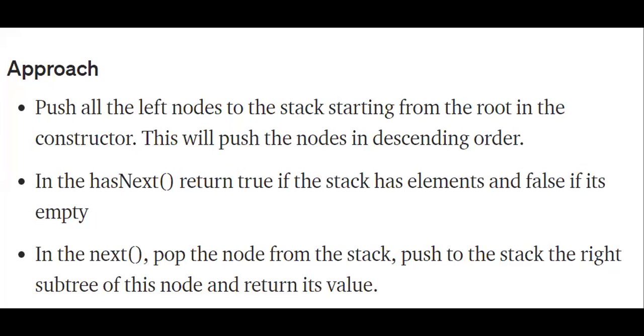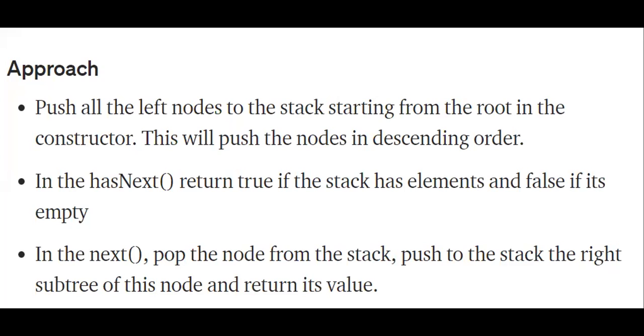See here, there are several approaches we can use in the iterative manner. First, we push all the left nodes onto the stack starting from the root, meaning in the constructor we push the nodes in descending order. The hasNext function returns true if the stack has an element, otherwise if it is empty, it returns false.